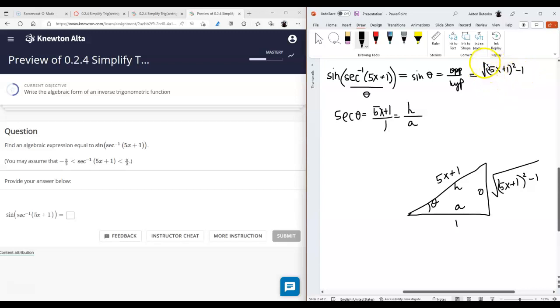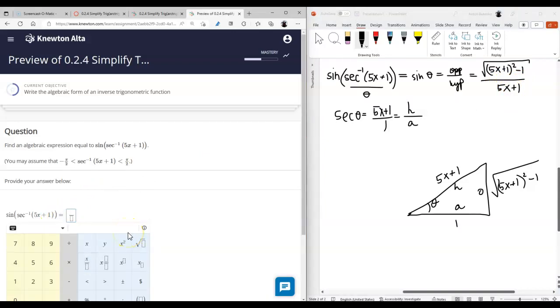Hopefully it's the last problem, because I'm sure you got the idea, and my mouse is tired. Hypotenuse is 5x plus 1. Typing is definitely faster than mouse writing. Square root of 5x plus 1 squared minus 1 divided by 5x plus 1.